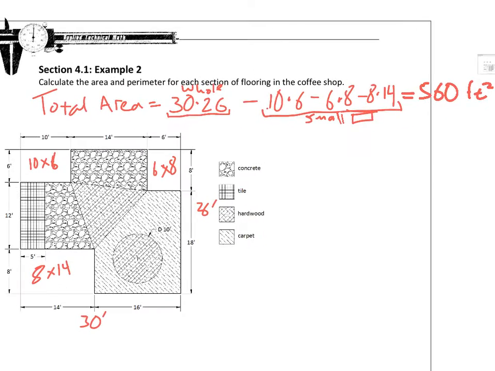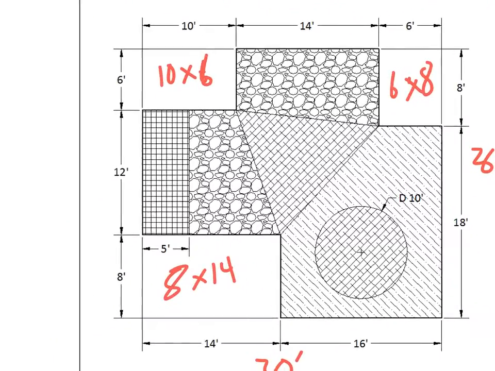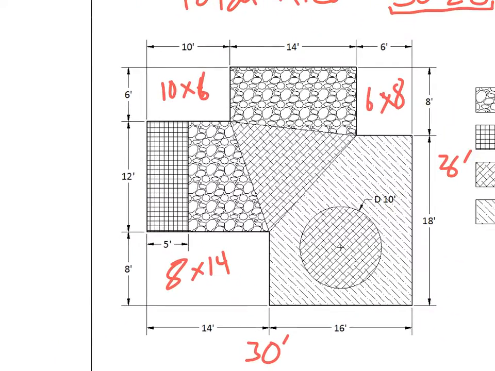And now our perimeter. So a little technique for the perimeter is this. Right, perimeter. The total perimeter. All right, so let's see if we can figure out the distance all the way around this thing. So I'm going to zoom in here. So imagine that we were going to put some baseboards.